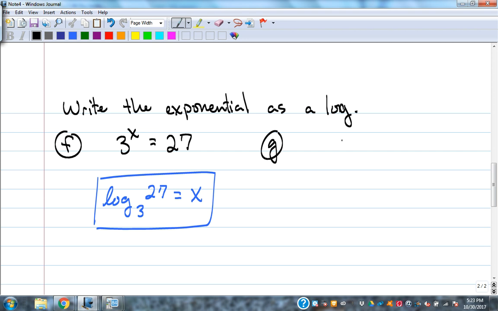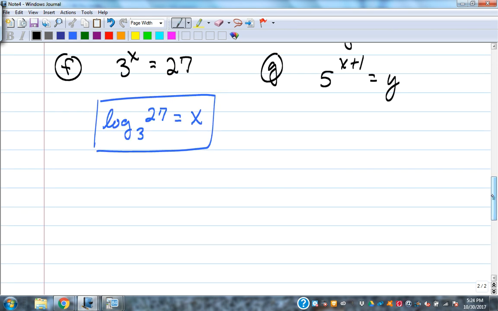Let's do 5 to the x plus 1 equals y. What's the base? 5. So we're going to write log base 5. What's the exponent? So that's got to be what it's equal to. What goes in this blank space here?